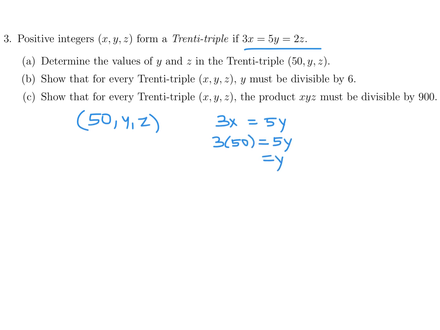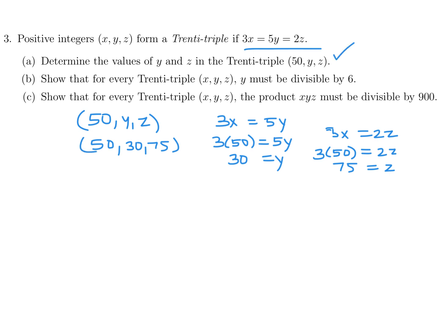So solving, we get y is equal to 30. And then similarly, 3x is equal to 2z up there. So that means 3 times 50 is equal to 2z. And solving this, we get z is equal to 75. So our Trenti triple is 50, 30, 75. So that takes care of part A.